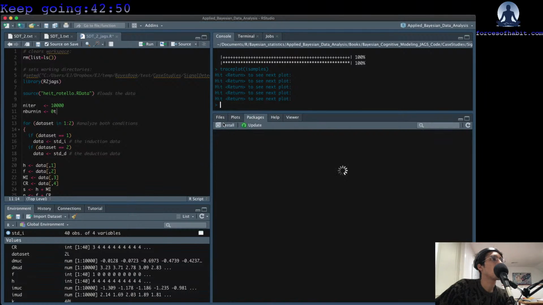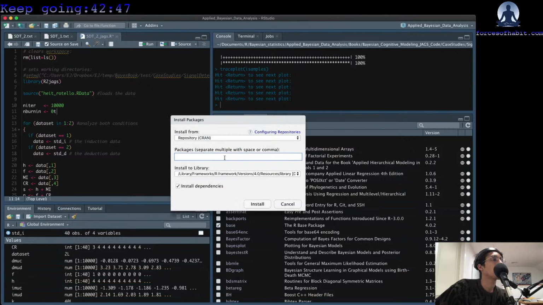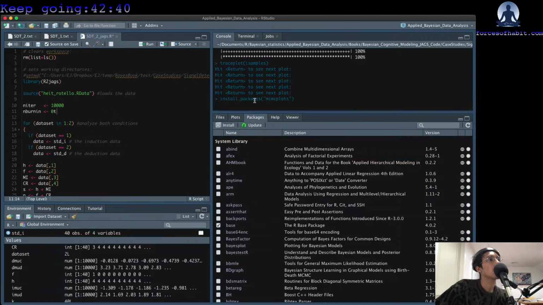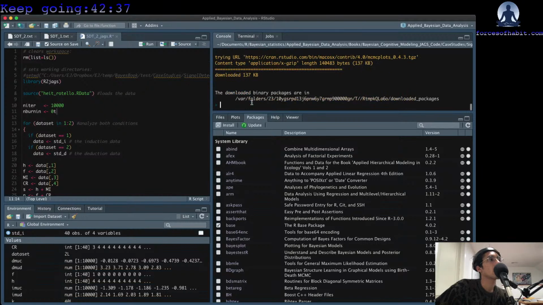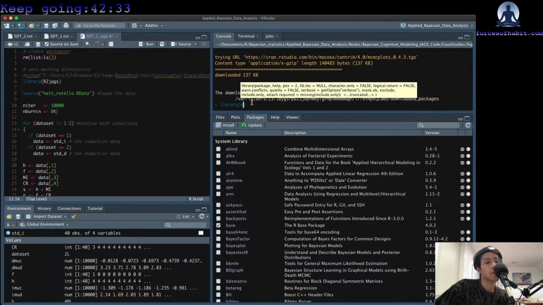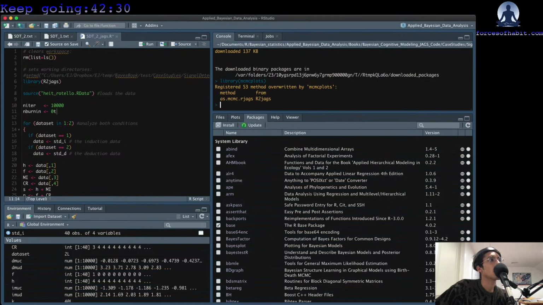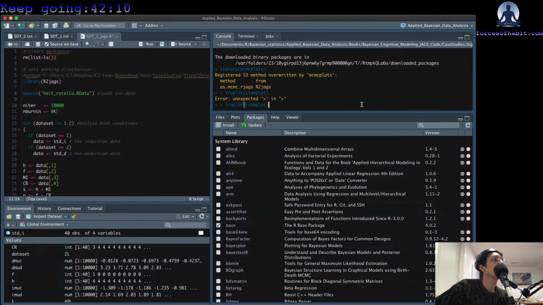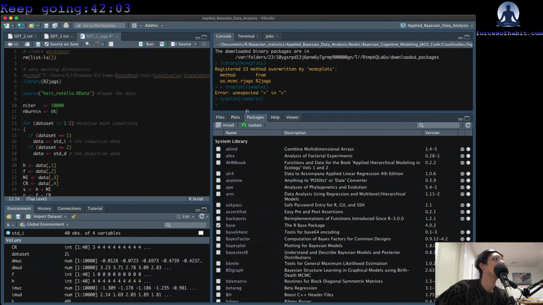From MCMC plots, I think I found a package that might be helpful. Oh, sick.